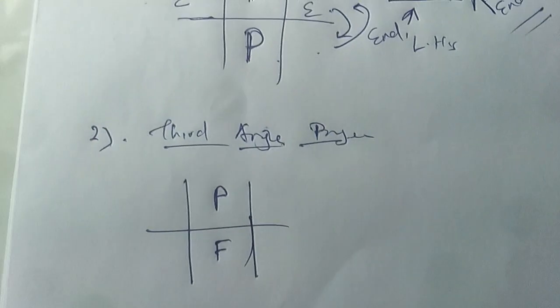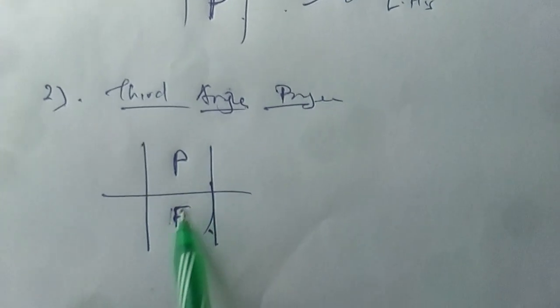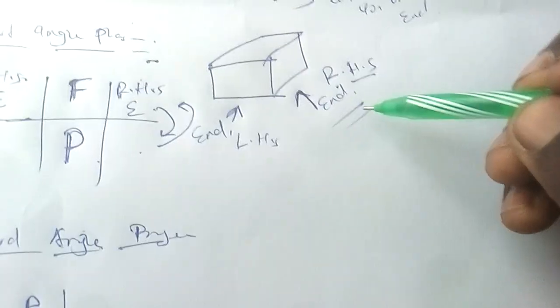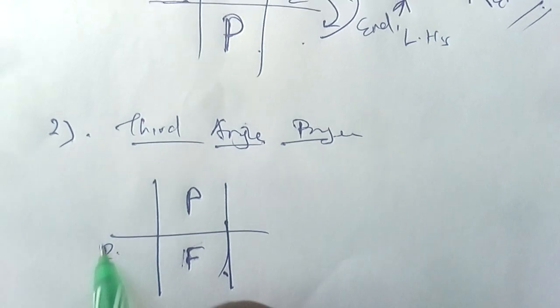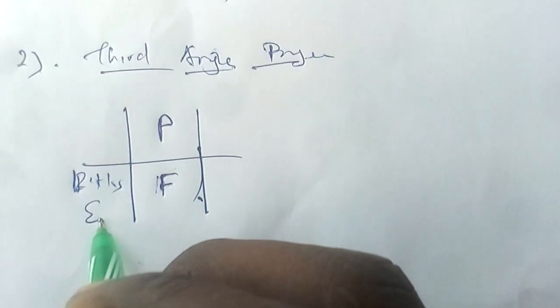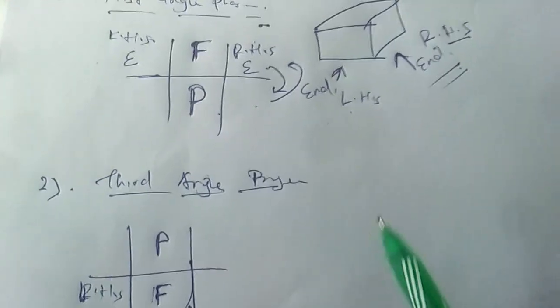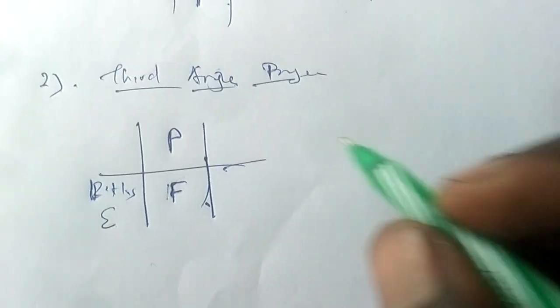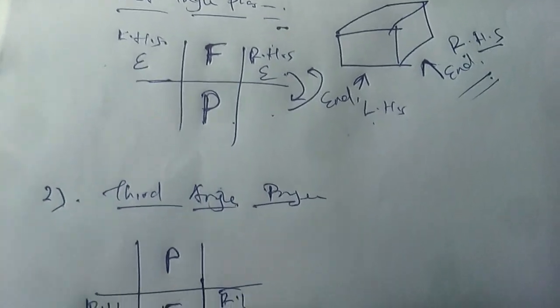Since our end always comes on the side opposite to the front view, as I said, when you view your end on the right hand side, in your sheet you represent your end on the left hand side, and when you view your end on the left hand side, you represent your end on the right hand side.